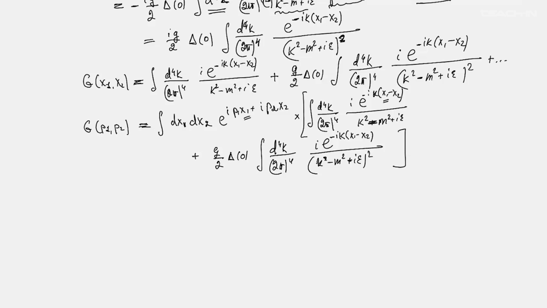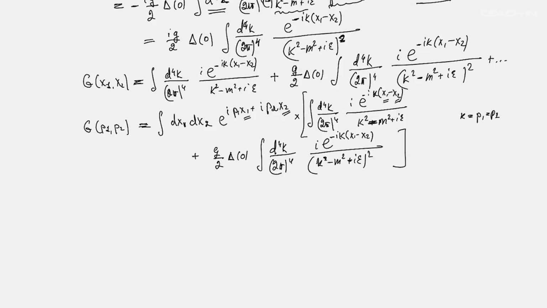And another delta function comes out from integrating over x2. It will make p2 equal to k. So k, because of this delta function, must be simultaneously equal to p1 and p2, which means that integrating over x1 and x2 will leave you one delta function, which reflects the conservation of the momentum.